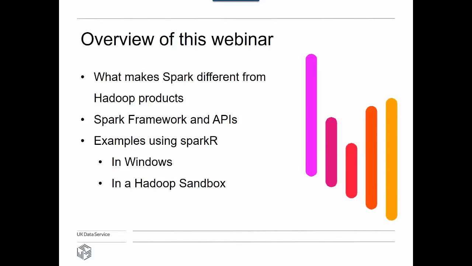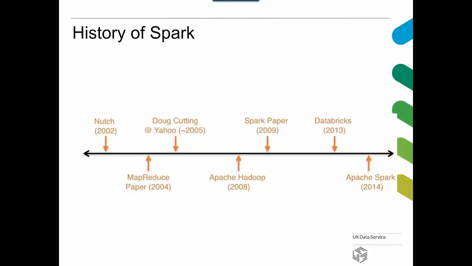So moving on, a brief history of Spark. Even big data processing really only goes back to 2002 with the Nutch project, which was aimed at finding ways of processing very large data sets in a reasonable amount of time using parallel processing.